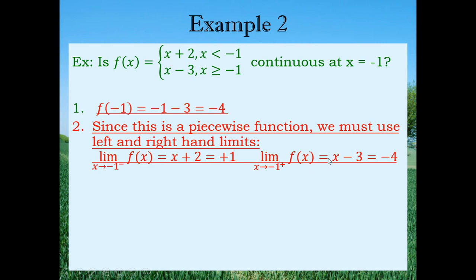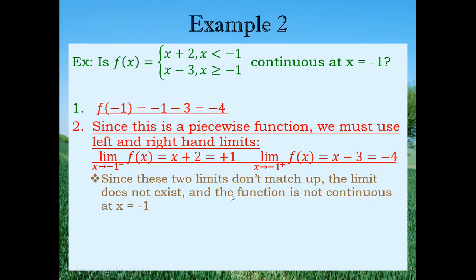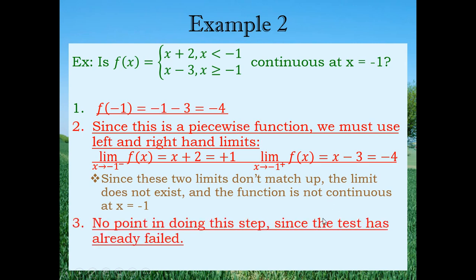Coming from the right side, f of x equals x minus 3. Well, at -1, that's going to approach -4, just like we did in part 1. But since these two do not equal each other, the limit does not exist, and the function is not continuous at x equals -1. And you could probably graph that and visualize it, but this is how we would do it mathematically. And since number 2 failed, we don't have to do step 3.